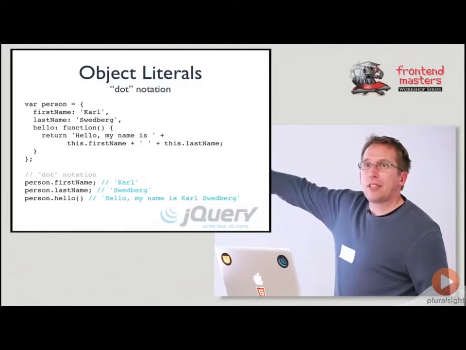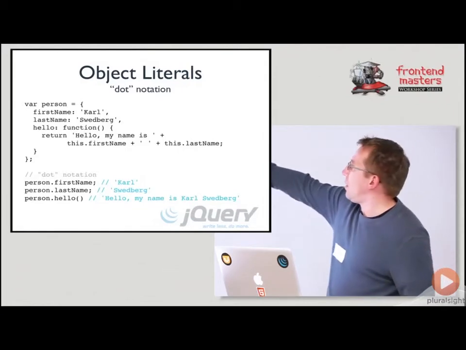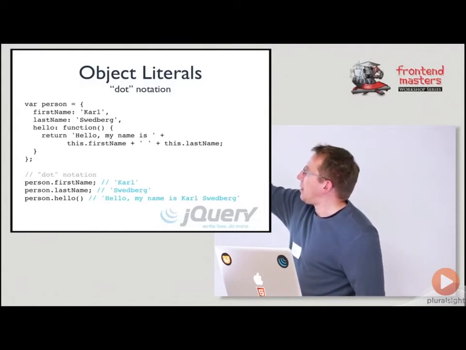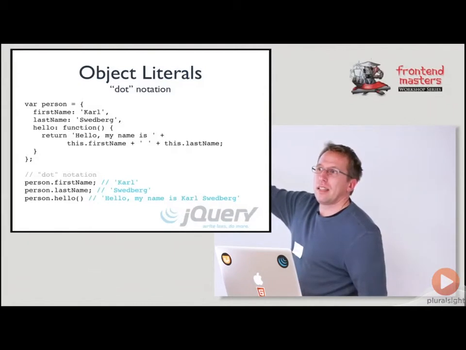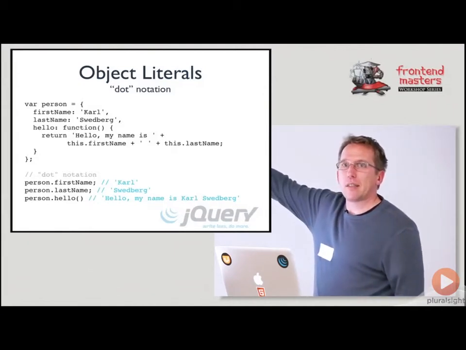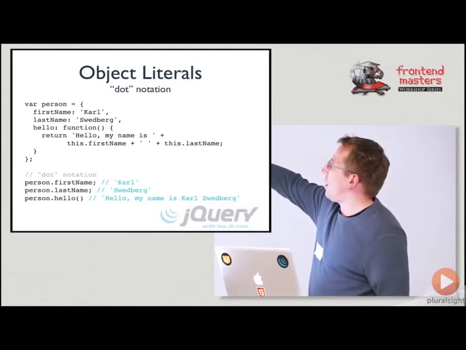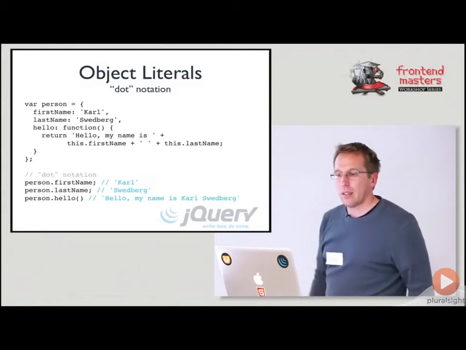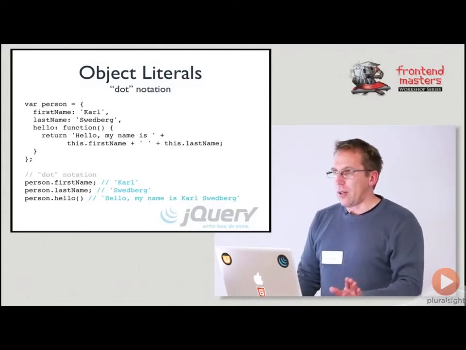When you're creating an object literal, notice inside that hello function, it says this. This refers to the parent object, so it refers to person, so person.firstName. Any questions?